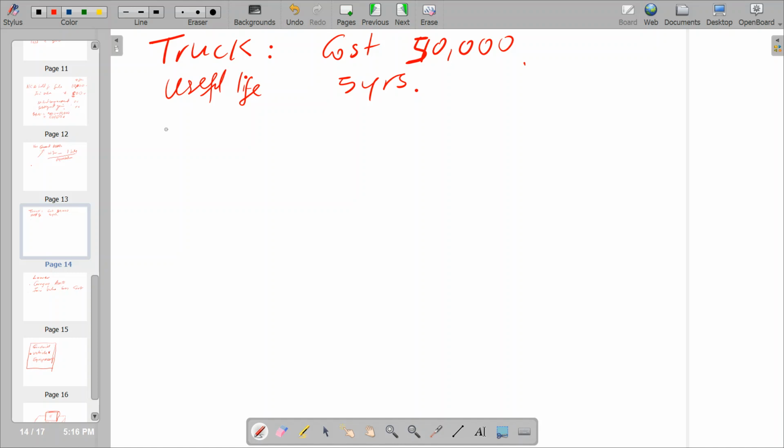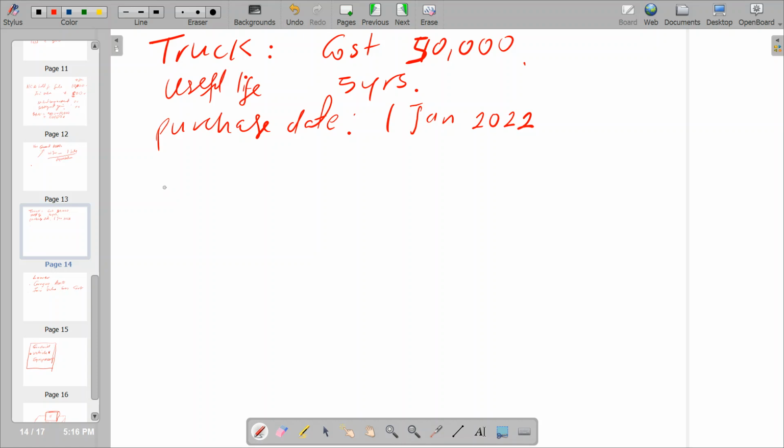Okay, we bought it on maybe 1st January 2022. Okay. All right. So this is the information on this asset.